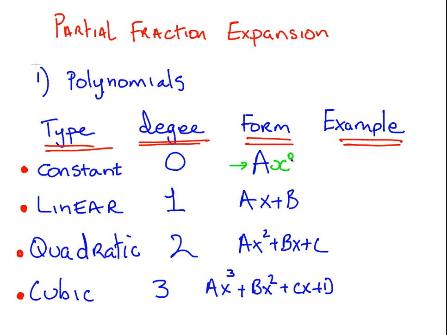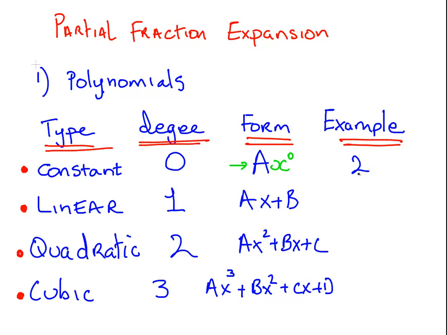That 0 there is the highest power of x in this expression. So that's why we call it a polynomial of degree 0. The highest power of x in that expression is the degree of that polynomial. A constant is simply a number like 2 or pi or e or something like that.